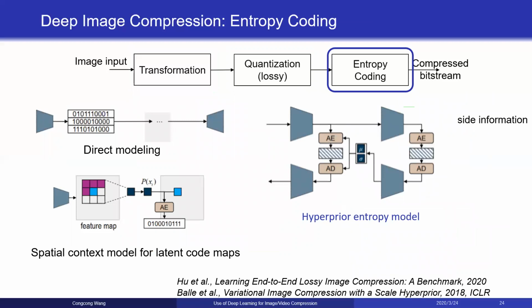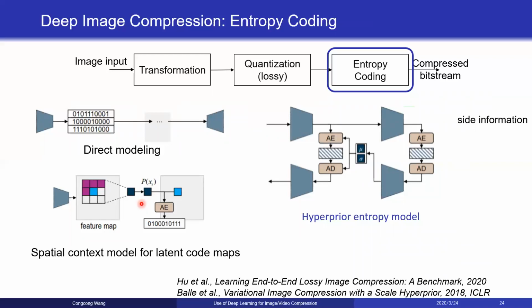In order to further improve the performance, deep learning-based entropy coding was also introduced. Some work directly outputs binary code, as shown here. The binary code can be transmitted as a bitstream without an entropy coding step. Also, some work is trying to estimate the probability of the input data, and the probability is the key for entropy coding.